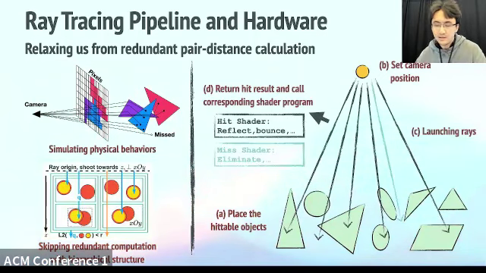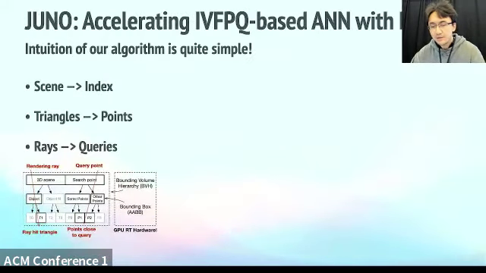Fortunately, we can use this technique to avoid large amounts of useless pairwise distance calculation, since intersection indicates being close. Intuitively, we can replace the concepts of ray tracing with the concepts of ANN search. To be specific, we replace the hittable objects with cluster centroids and rays with queries, and we get a simple mapping from ANN search to ray tracing hardware.